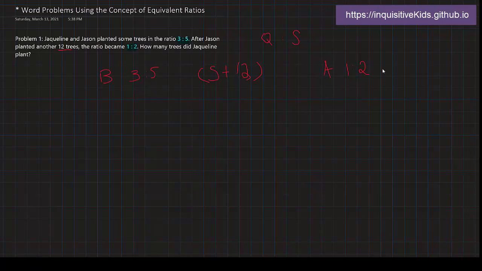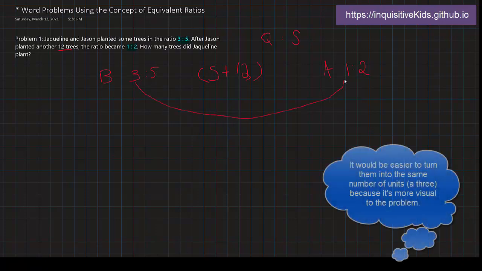These are different ratios, so we want to make them based on the same unit so that each unit has the same amount. If we know that Jaqueline didn't change anything, Jaqueline's amount stayed the same after all, we want to somehow make this 3 and 1 become the same.